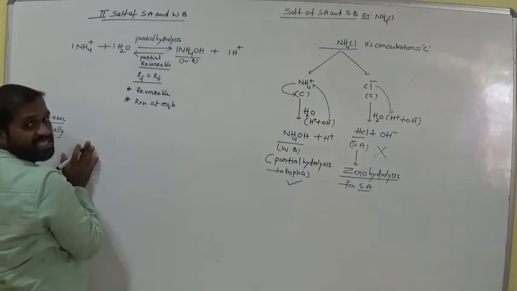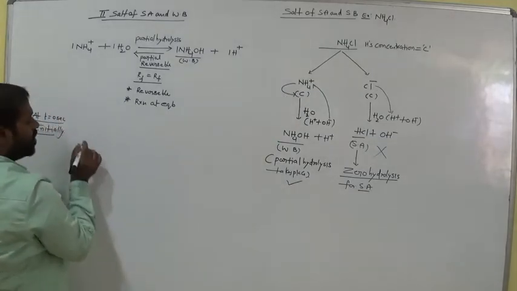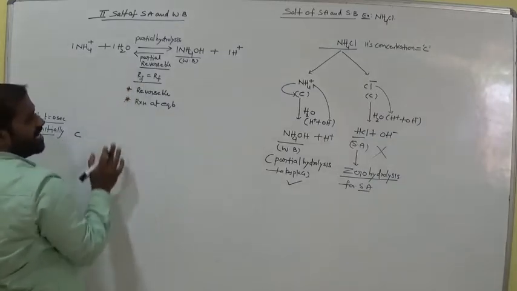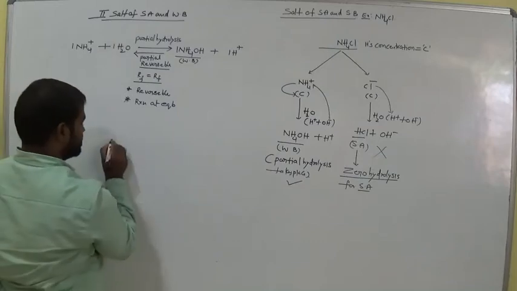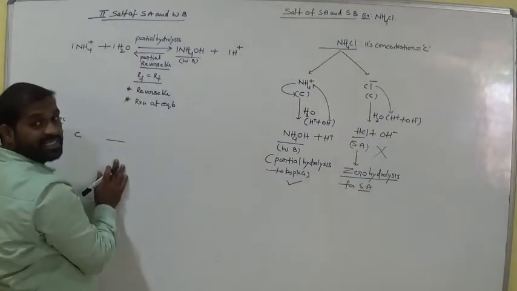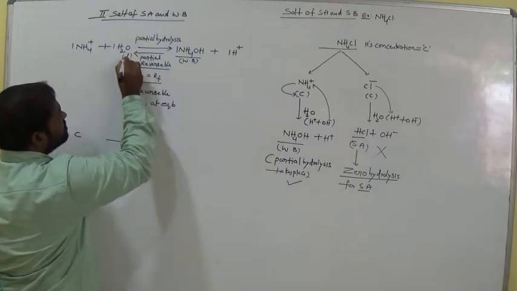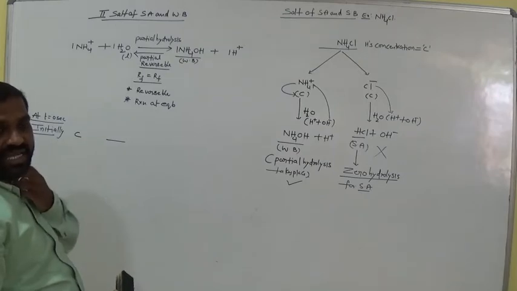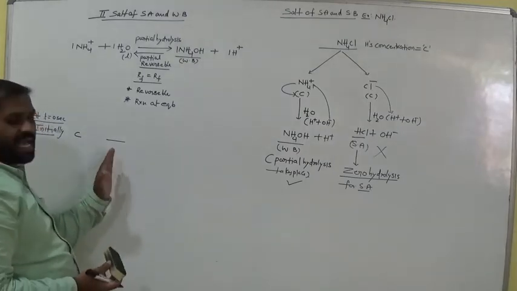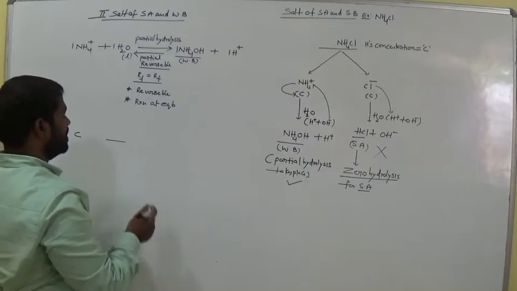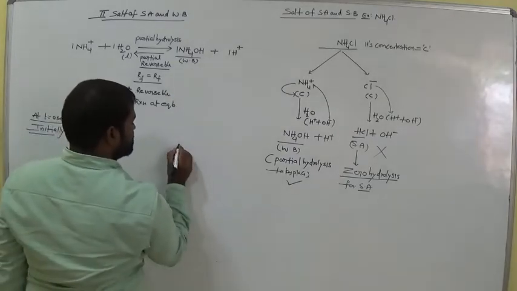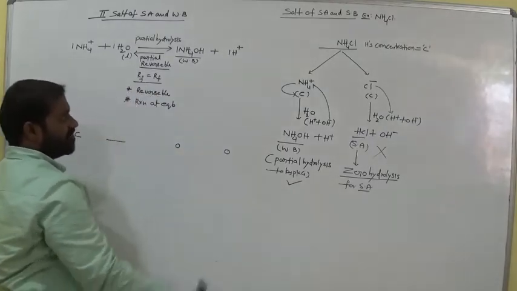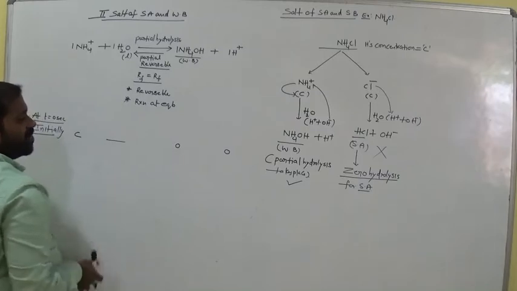Now the initial moles are C. For water, its concentration is constant. Water is a pure liquid, we already discussed. For pure liquids, molar concentration or active mass is taken as 1, and we consider it constant. Remember this. So initially here it is 0, because there is no product initially. So the concentration of H plus is 0 and ammonium hydroxide is 0.